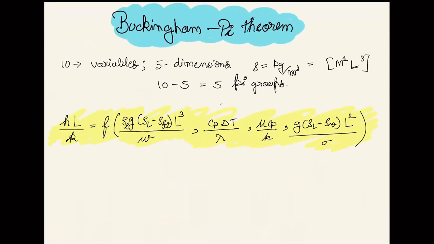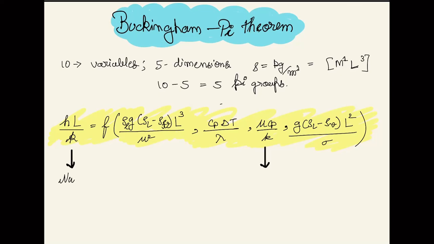All right. And then we already know that this particular friend of ours is the Nusselt number. We have seen the physical significance of this number a lot of times, and I won't be discussing this again.